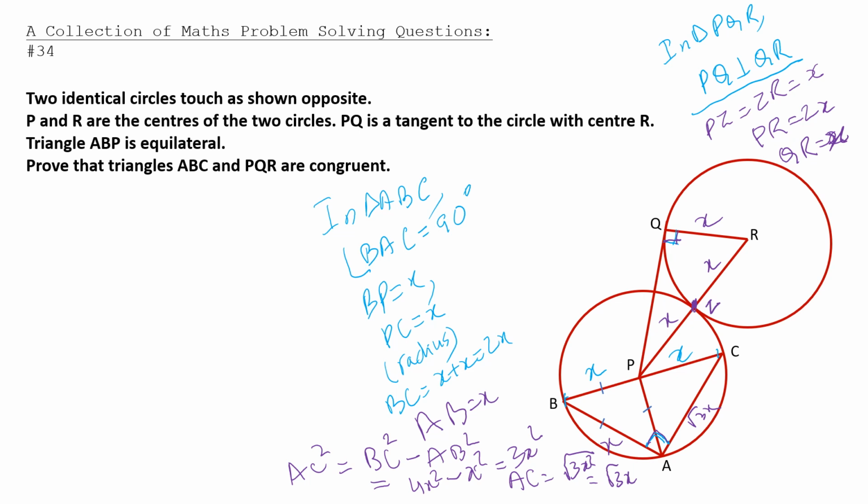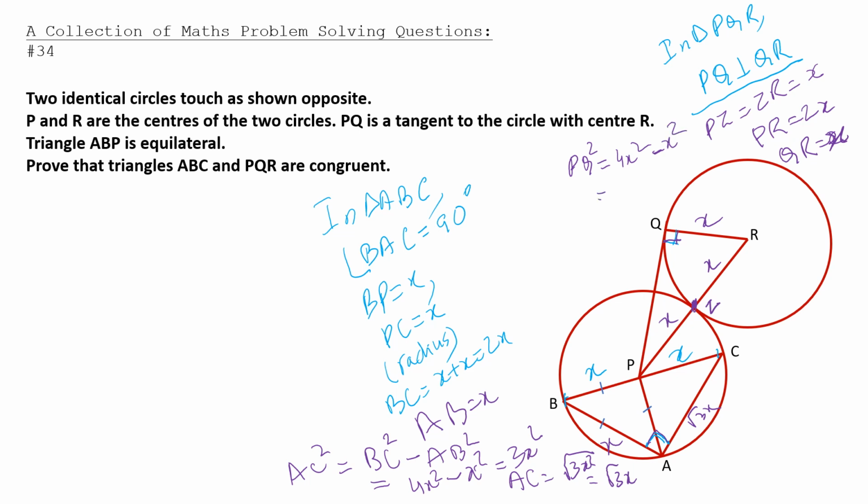And you see, I can do something similar for PQ. In triangle PQR, PQ squared equals PR squared, which is 2x squared, so 4x squared, minus x squared, that is QR squared.